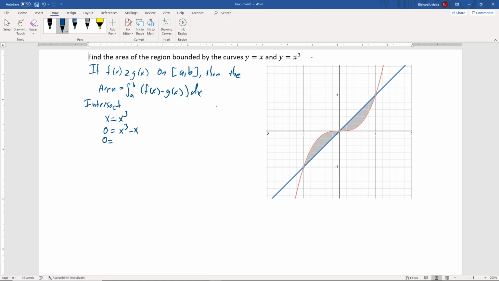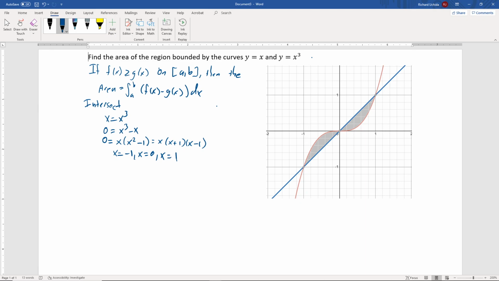Then factor out an x, we'd have x times x squared minus 1, which is the same thing as x times x plus 1 times x minus 1. Using the zero product property, the three points of intersection would be at x equals negative 1, x equals 0, and x equals 1.